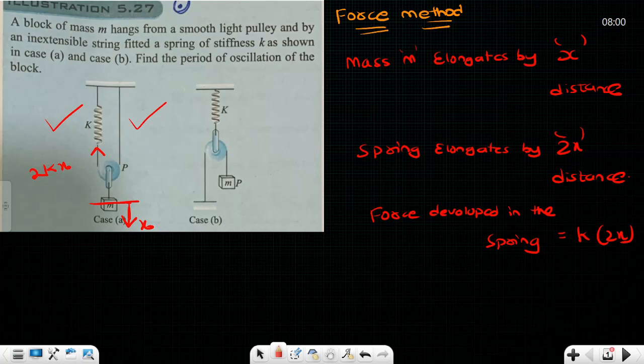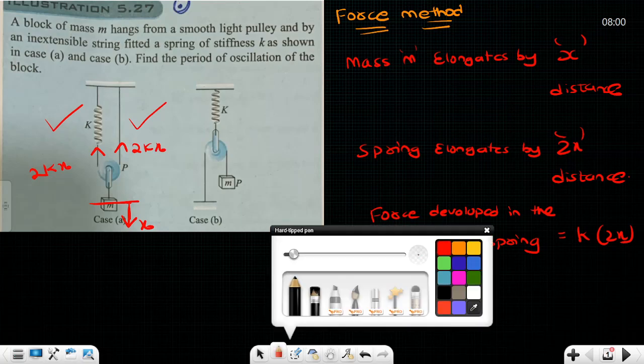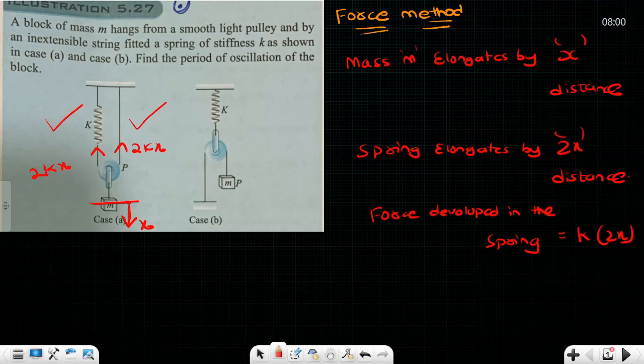K into 2x is 2kx. The same tension will be there even this side, 2kx. Okay. Therefore, according to the pulleys which we learned in Newton's laws, 2kx is upward. So here the force will be what? Adding of those two, 4kx.